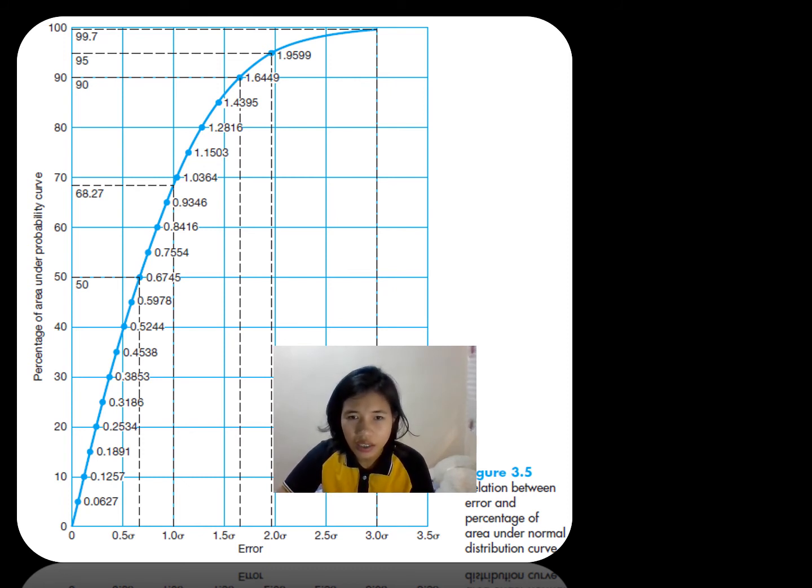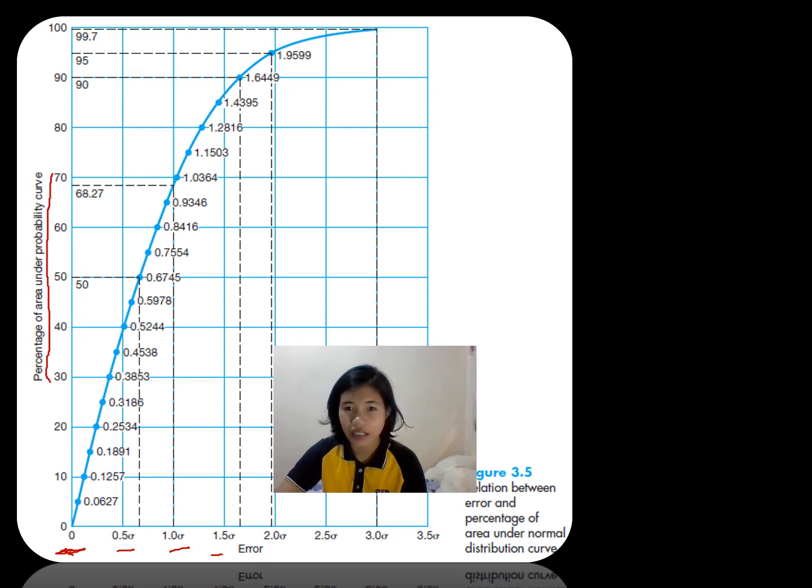So, this is the relationship between the error and the percentage of area under the normal distribution curve. So, at this point, 3 sigma. So, this is 0, 0.5 sigma, 1, 1.5. This is the error, ha? And this one is the percentage area under the probability curve.